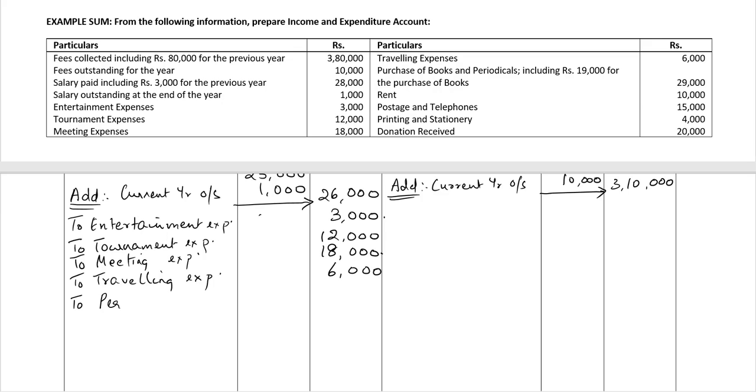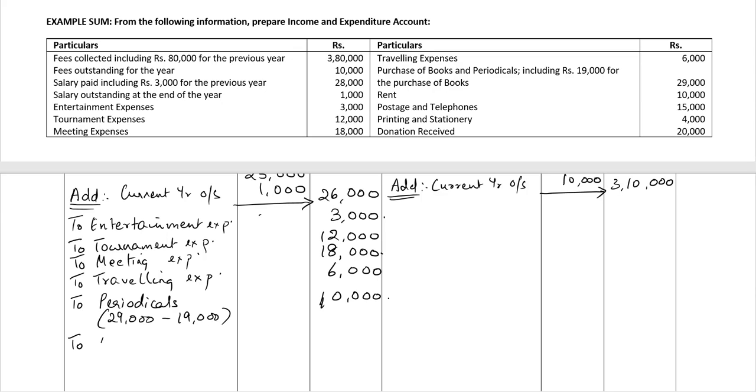To periodicals, 29,000 rupees minus the amount for purchase of books, which is 19,000 rupees. We're left with 10,000 rupees purchase of periodicals.